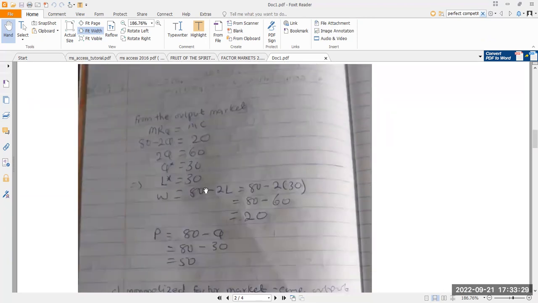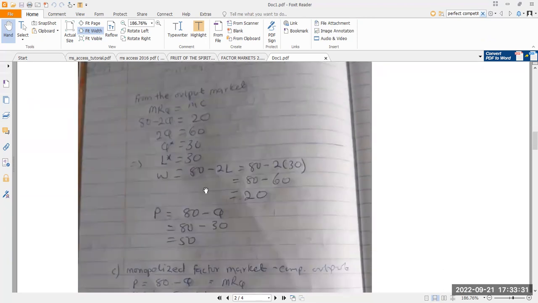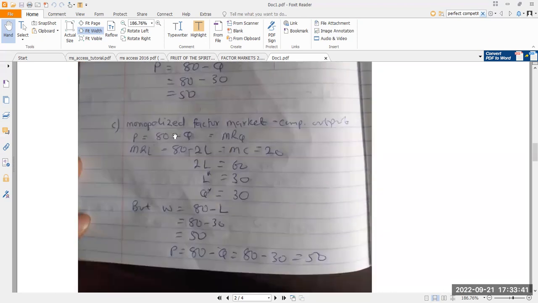This is the case where we had a competitive input market and then a monopolized output market. There we charge a higher price of 50, but a wage of 20. But for a monopolized factor market, wage will be 50, and the price too is going to be what? 50, so that the competitive firm will break even.